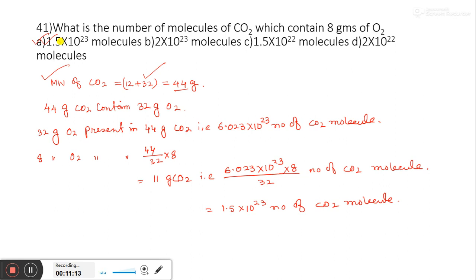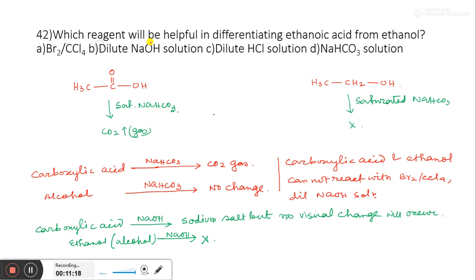In the NTSE exam 2020, the next question of the chemistry paper is: which reagent will be helpful in differentiating ethanoic acid from ethanol? Option 1 bromine in CCl4, option 2 dilute NaOH, option 3 dilute HCl, option 4 sodium bicarbonate solution. We know a carboxylic acid reacts with sodium bicarbonate to form CO2 gas, and a colorless, odorless effervescence of CO2 gas will form, but when alcohol reacts with sodium bicarbonate, no change will occur.